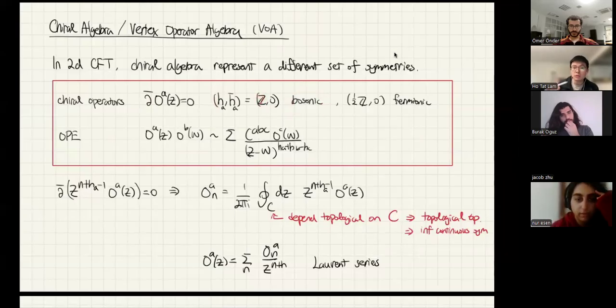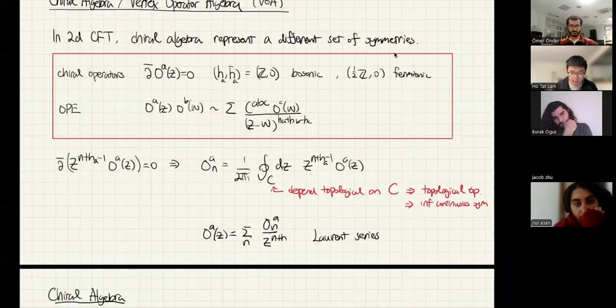So there's this important spin quantization condition on these chiral operators. With these chiral operators, we can also talk about the OPEs. We can bring two chiral operators together, and it will again give us a set of chiral operators. So these chiral operators are closed under OPE themselves. This is essentially the content of chiral algebras.